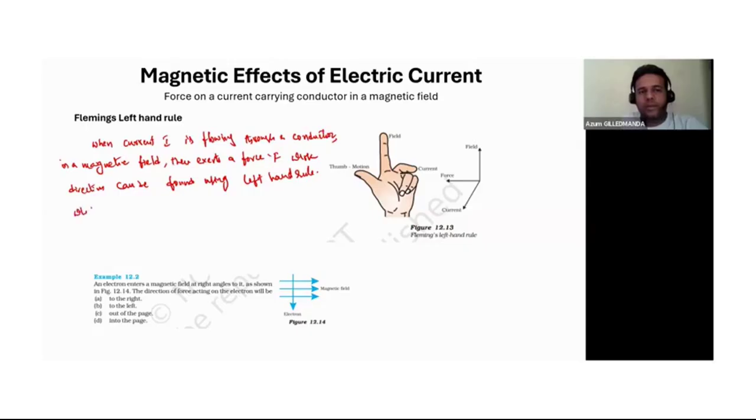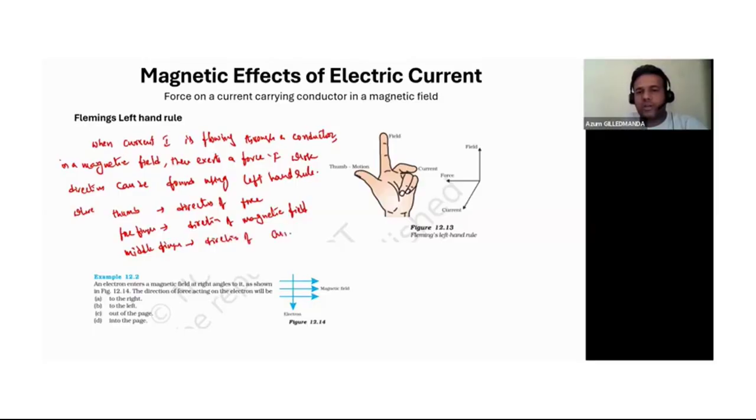Where the thumb indicates the direction of force, the forefinger indicates the direction of the magnetic field, and the middle finger indicates the direction of current.